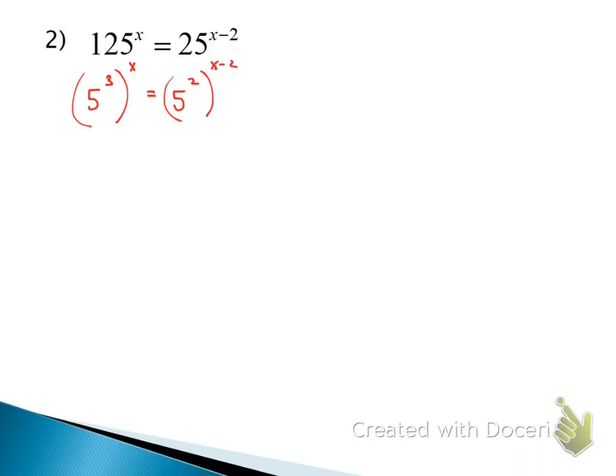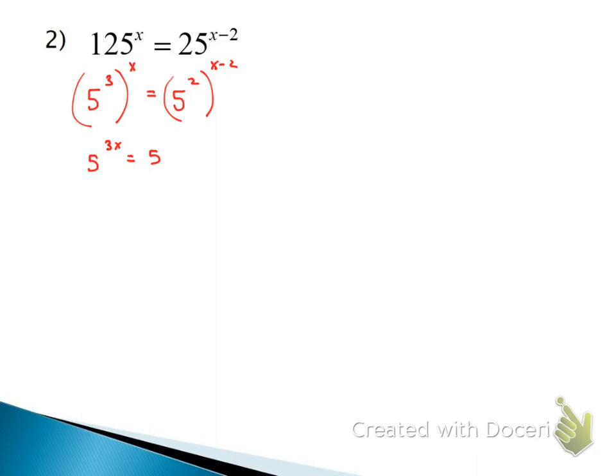Now we're almost there. I recommend when you have a power raised to a power, before you drop the bases, let's get these exponents written a little bit more properly. 5 cubed raised to the x power is 5 to the 3x, isn't it? Don't we multiply the exponents? And then equals 5 raised to the 2 times x minus 2. Make sure you do what? Would it be 2x minus 2?